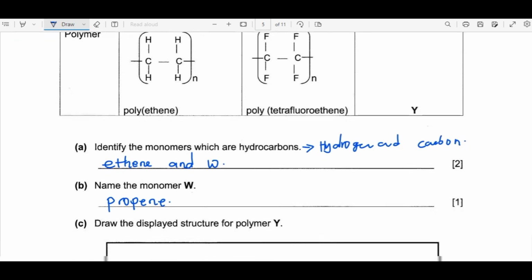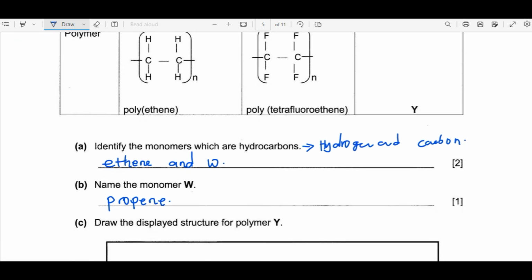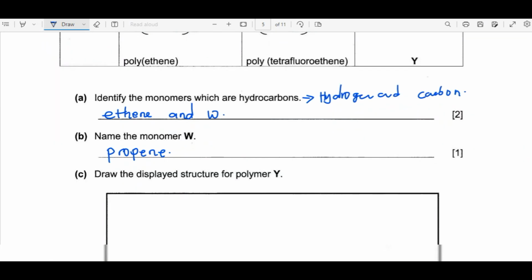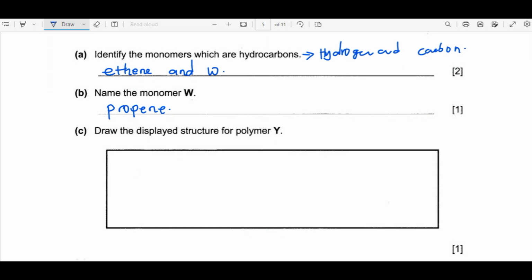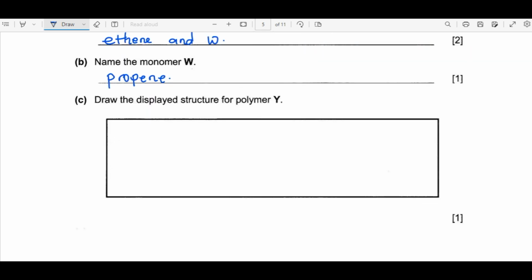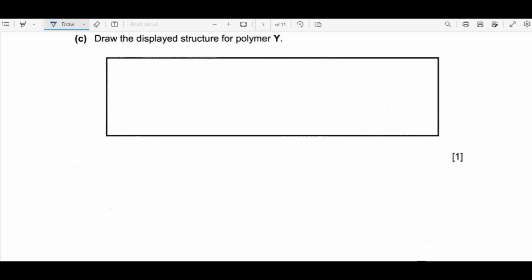Then we move on to draw the displayed structure for polymer W. For polymer W, let's say we are using two monomers, propene plus another propene. Let me see if I can summarize this. I'm going to use this space here.